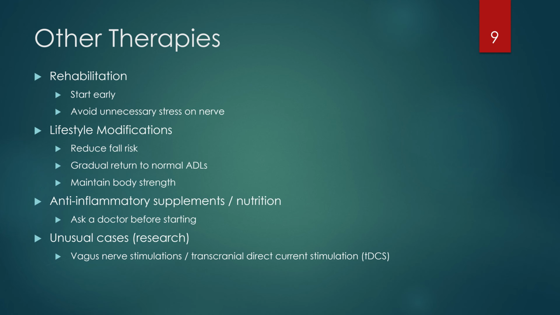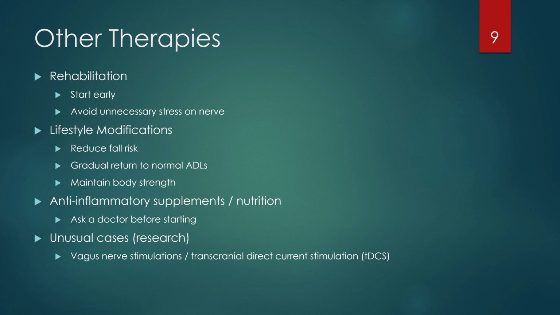It's essential for those recovering from VN to take it easy. Returning to activities of daily living and maintaining physical strength go hand in hand. It's important to not be completely sedentary and to continue attempting activities of daily living, such as brushing your teeth, making a quick meal, and bathing to maintain muscle mass and strength.